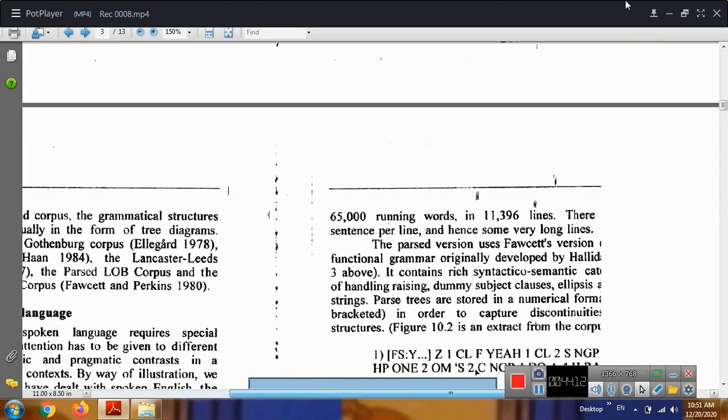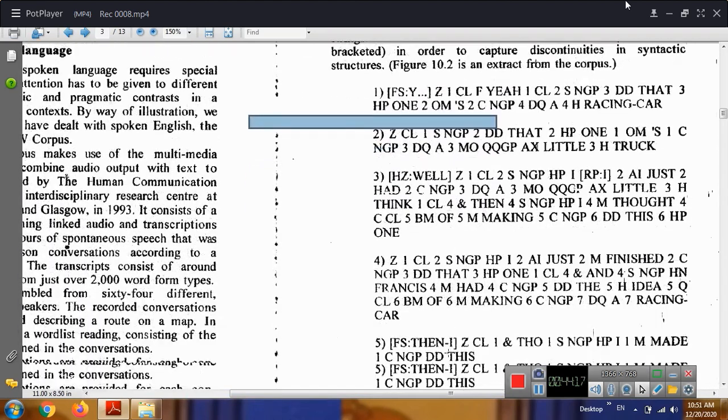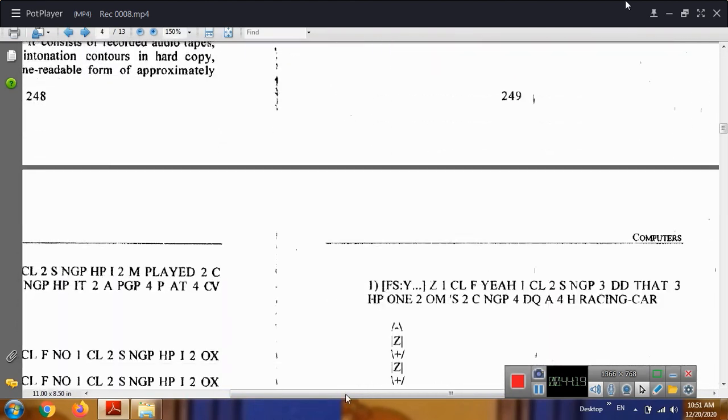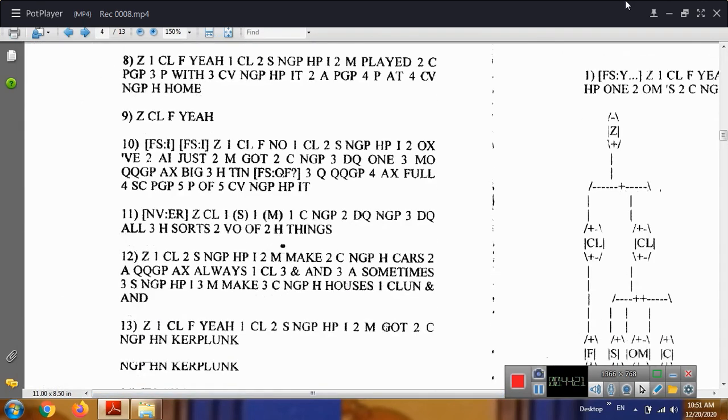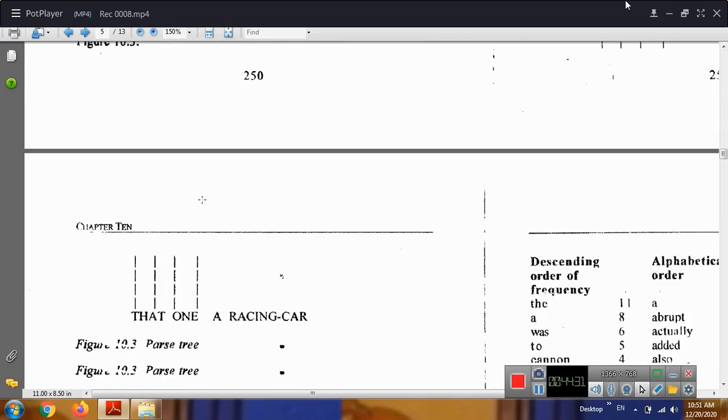I will give you some information about that corpus. You can see its example, which knowing is not necessary. You should know just the whole matter. And here, in the right part, you can see its diagram form.